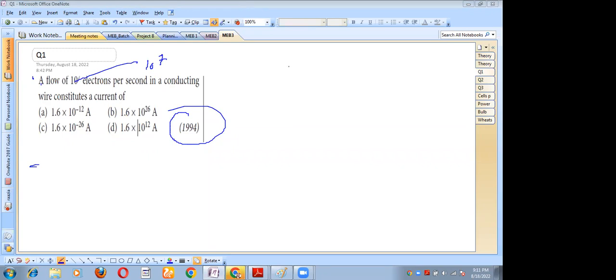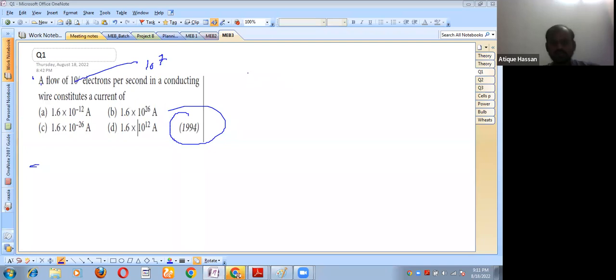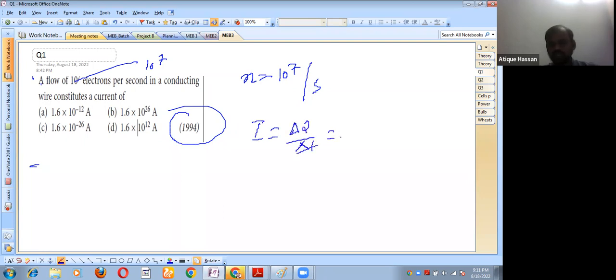So I'm doing it. In the question it is given that the number of electrons n is equal to 10 to the power 7 passing per second. So we know that I is equal to delta Q upon delta T, and what will be the charge passing? Number of electrons into 1.6 into 10 to the power minus 19.